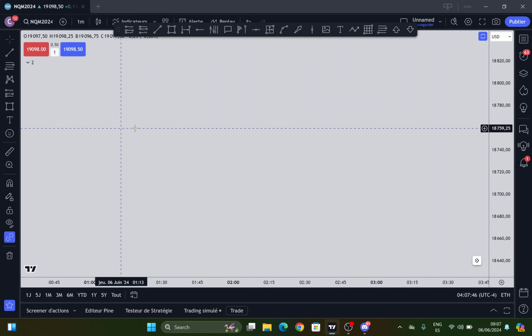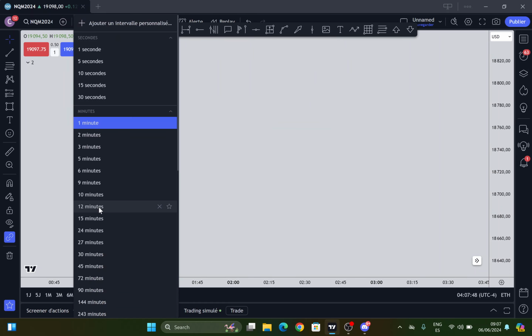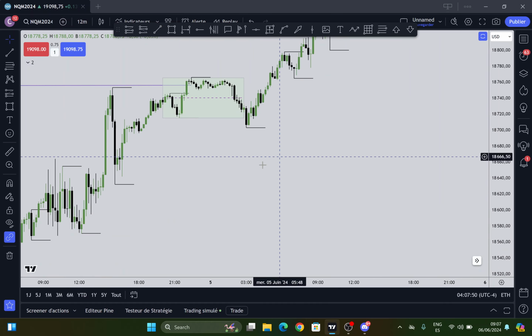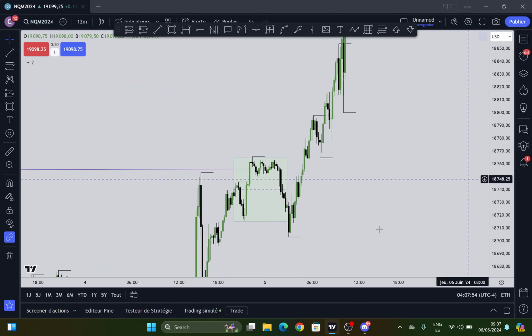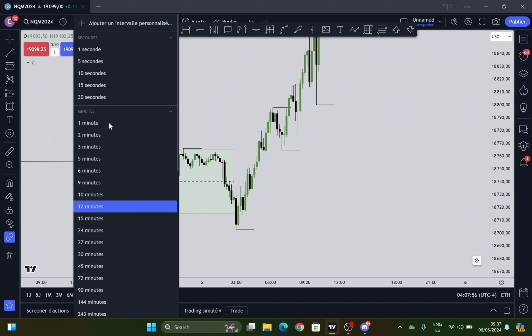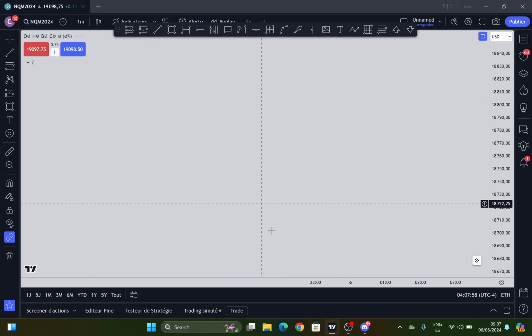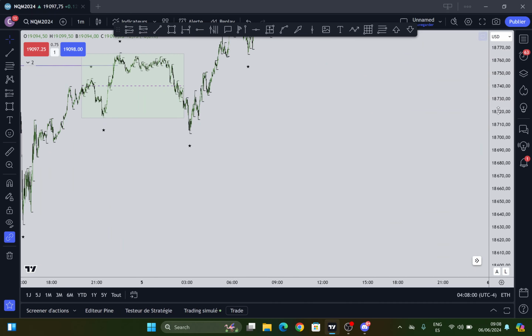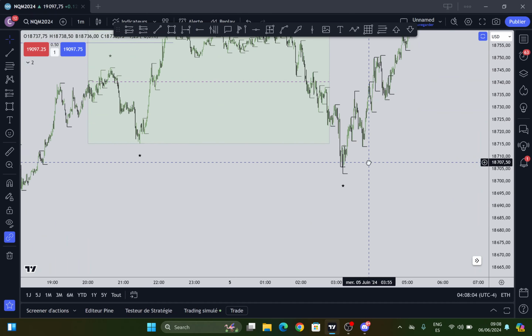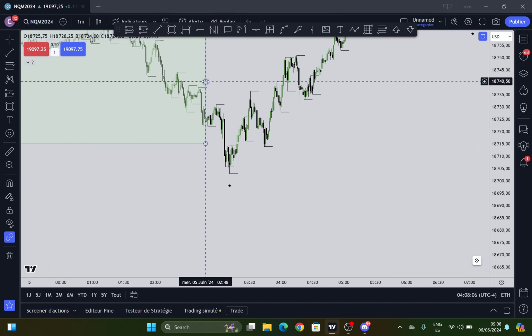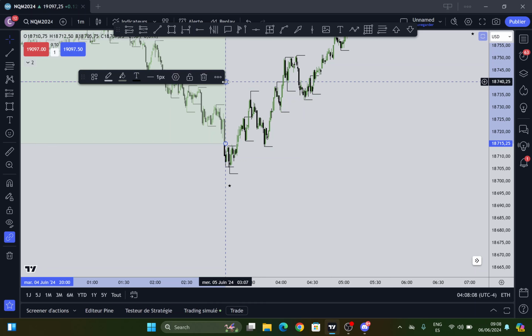Okay, having this in mind and having also the structure behind our setup, the Asia sweep setup, if you go to the M1, we had this flip right here.